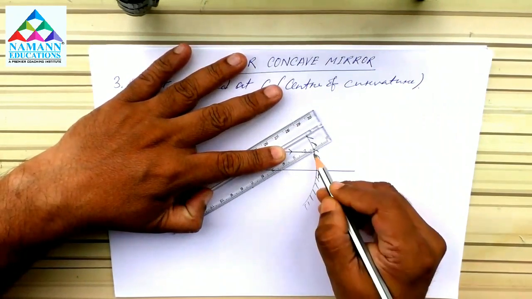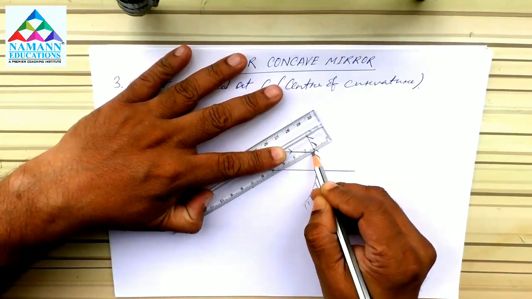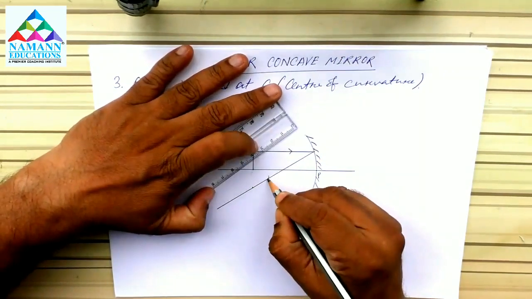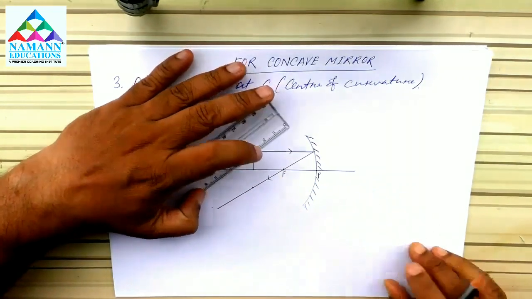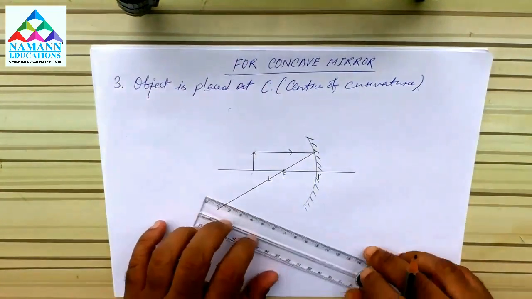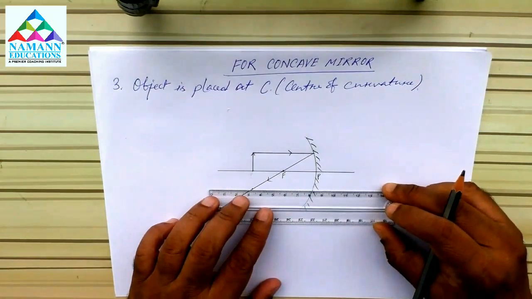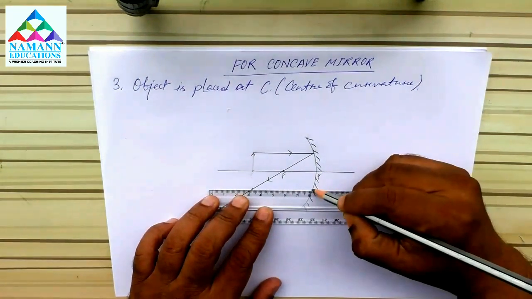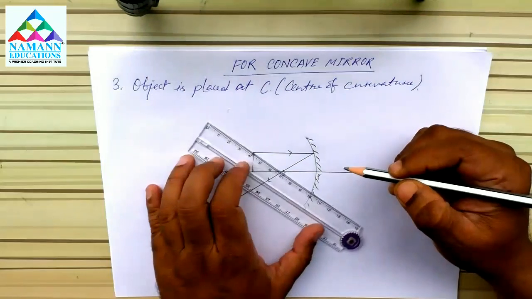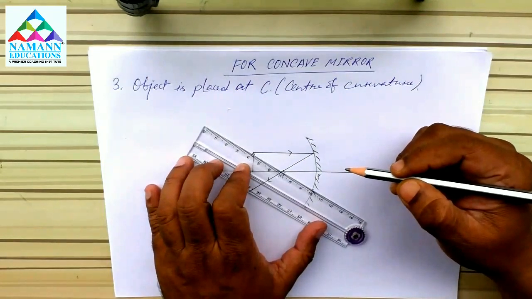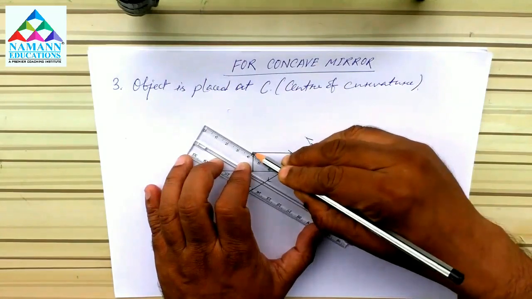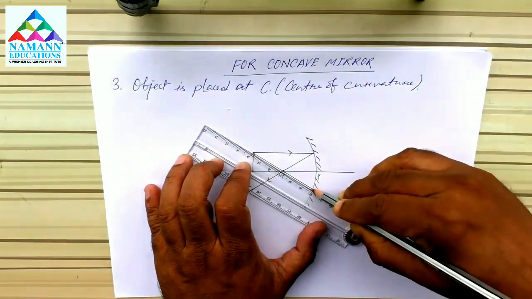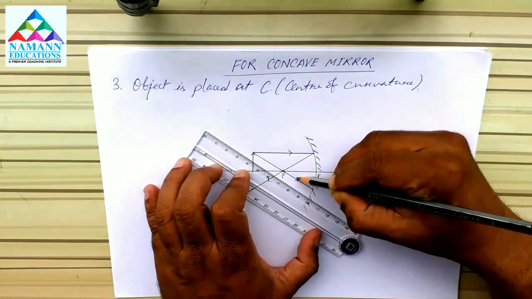And after reflection, this light ray passes through focus and should touch this point. And if you can mark this point, it will be convenient for you. If a ray of light is incident after passing through focus, and if it is your good luck, then it will touch this point.